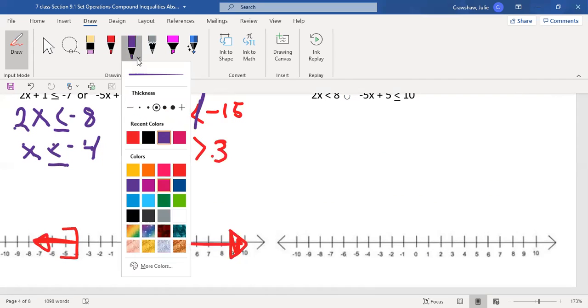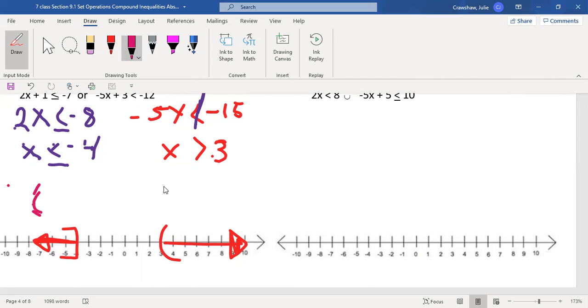So my interval notation is going to be negative infinity, comma, -4 bracket, union, because I'm jumping over, parentheses, 3, comma, infinity.